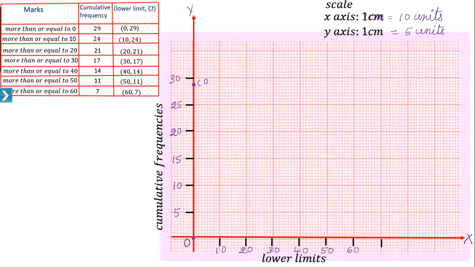This is 0, 29. Now the next point is 10, 24. 24 is here. Then 20, 21. That is here.